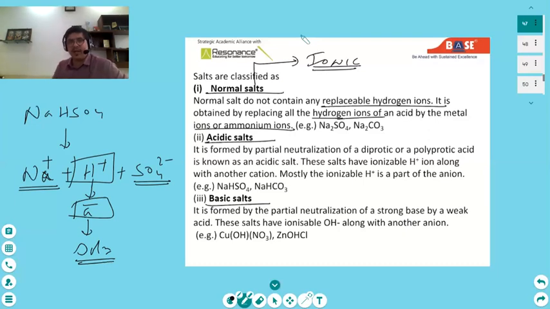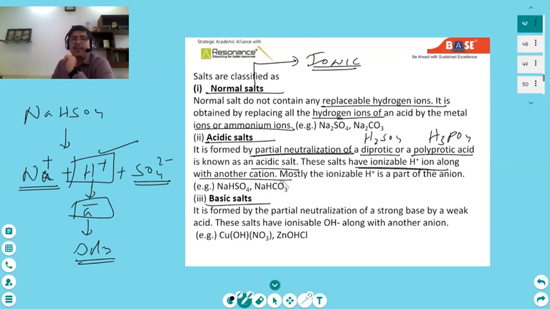Acidic salt means it is formed by partial neutralization. Partial means all the H plus is not removed, some is retained, of a diprotic or polyprotic acid. Diprotic means H2SO4. Di means 2 and protic means proton, so 2 protons, or polyprotic means H3PO4, like that. There are more than 2 H plus ions in it. This is known as acidic salt. This salt has an ionizable hydrogen ion, what I have shown you here, with another cation.